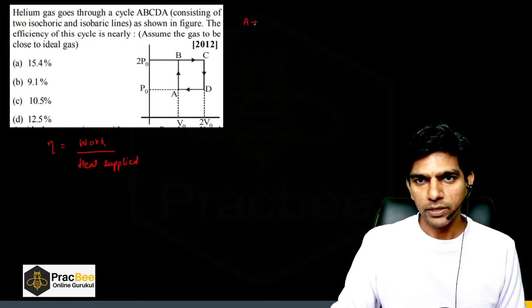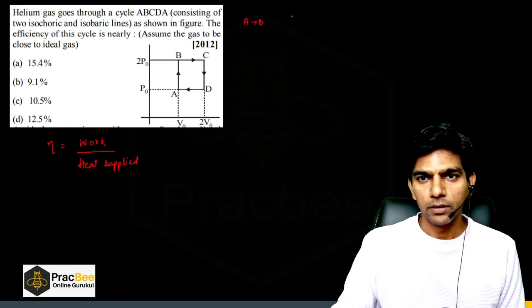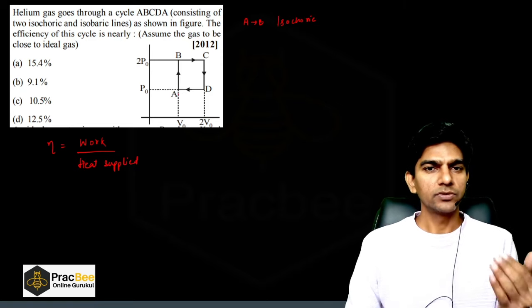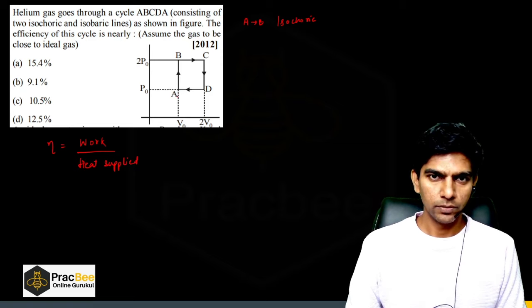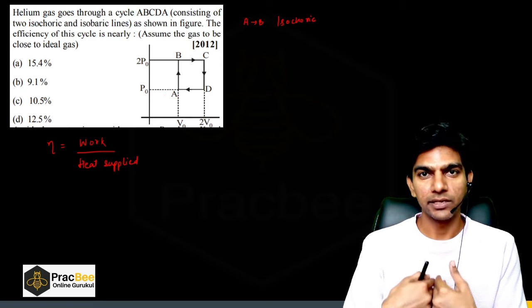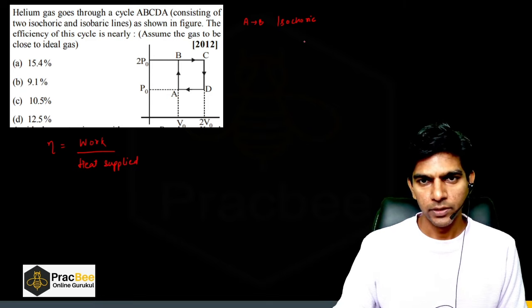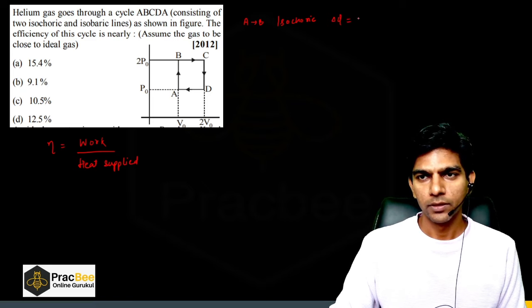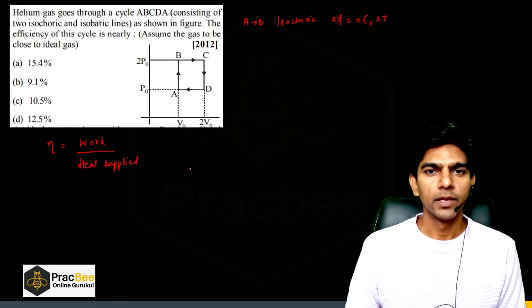From A to B, it is an isochoric process, right? In this process the pressure is increasing. Suppose I want to find whether heat is being supplied to the system or extracted from the system, let us figure out. We know that it's an isochoric process, so delta Q will be n Cv delta T, right?